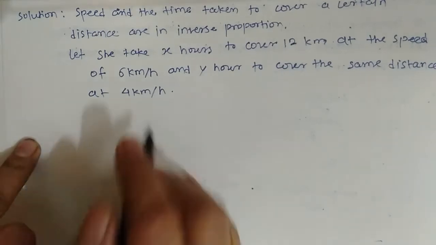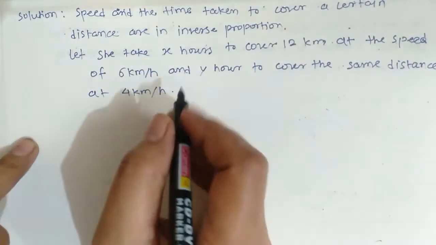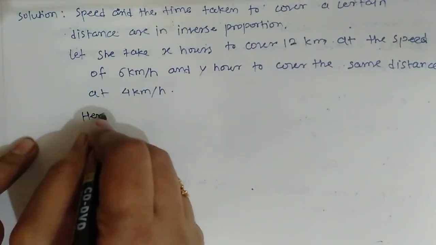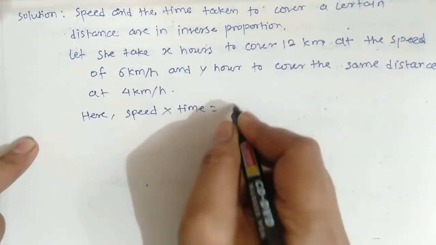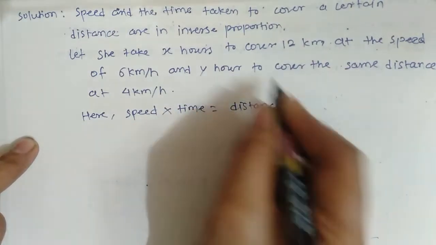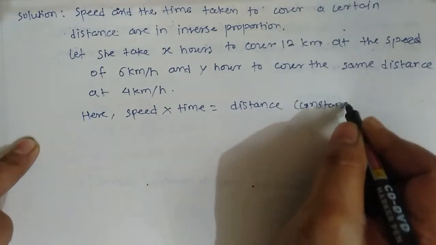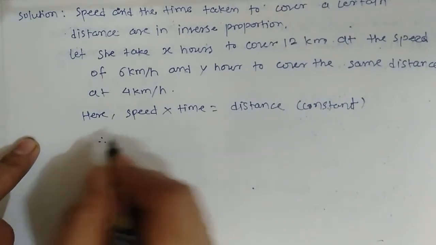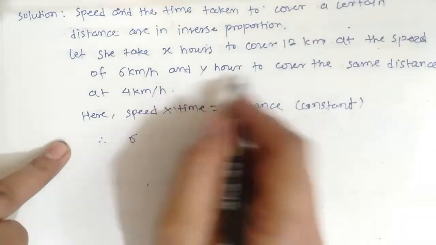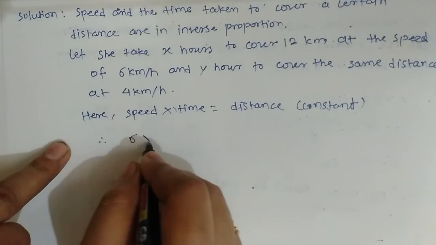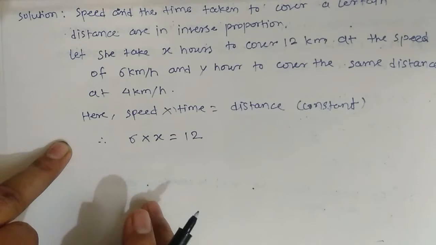Correct? And we know that speed multiplied by time is equal to distance. So here speed multiplied by time is equal to distance, and it is the same in both instances. So it is a constant. Distance is constant here. Therefore when the speed is 6 km per hour, then 6 multiplied by x is equal to 12, because distance is 12.